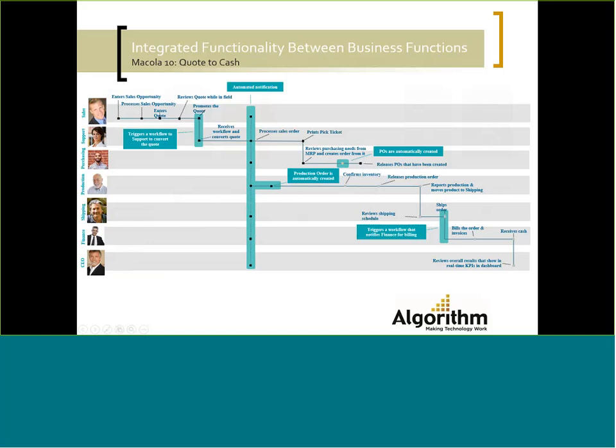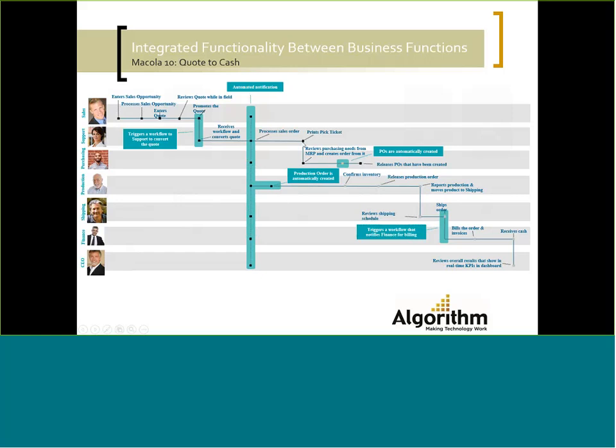So that integrated functionality that Macola 10 brings to the table is, for instance, a quote-to-cash process. I'm on the Synergy side, web-based, doing sales opportunities and entering quotes in Synergy, and that quote gets promoted and it generates a workflow, and that workflow then generates a process sales order, and I have an automated notification that gets sent out via Event Manager to tell people that an order was created.